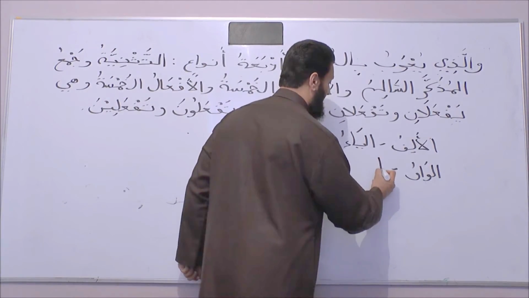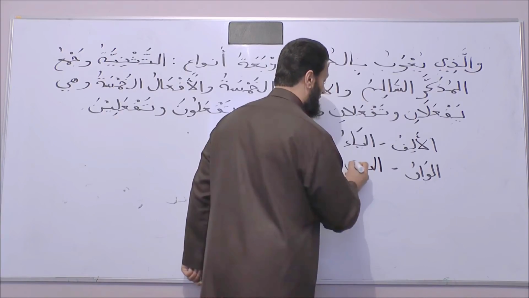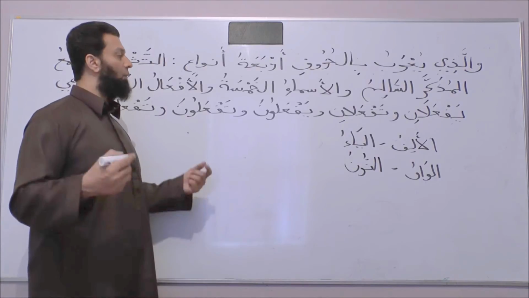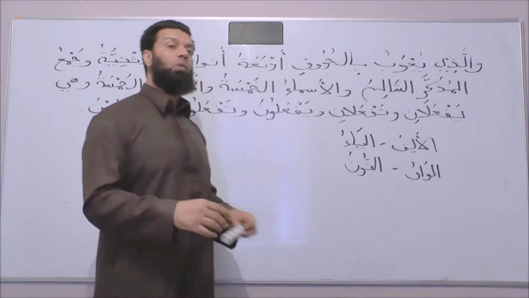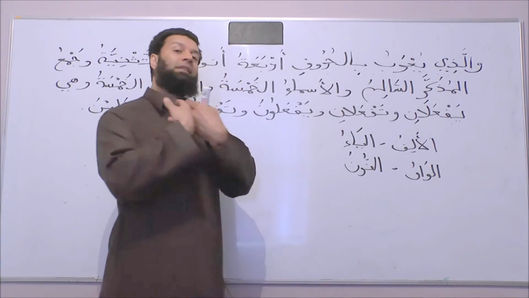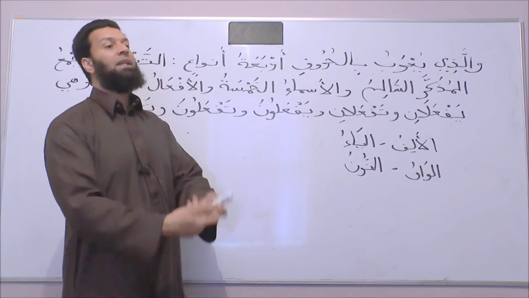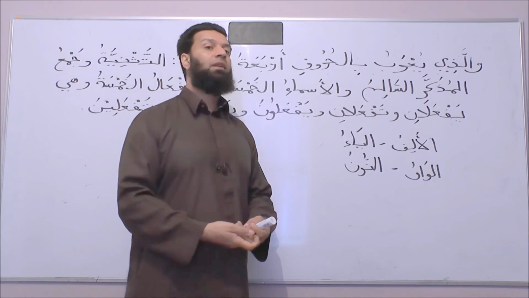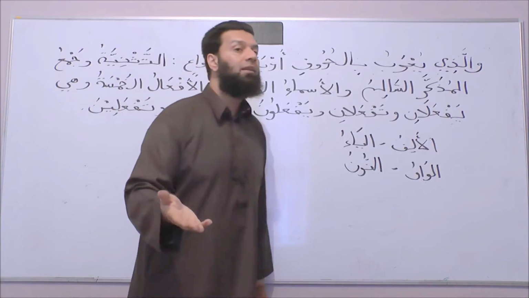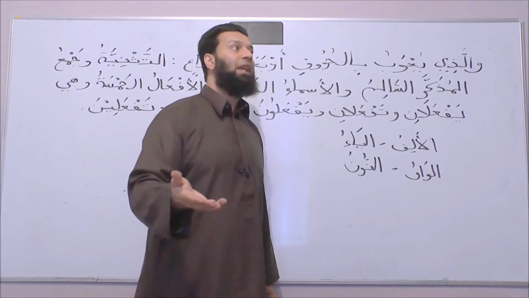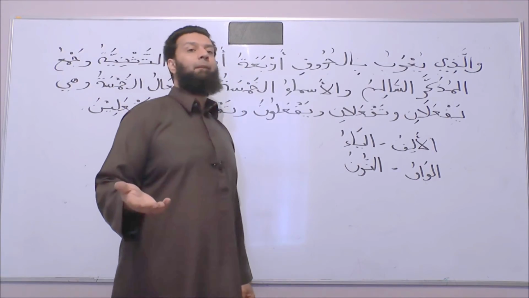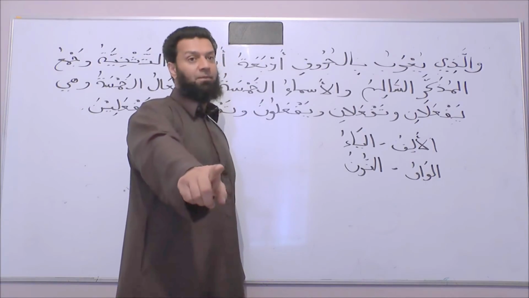Good. An-noon. And why is an-noon a letter in which i'rab is known? Because sometimes you have to erase it. Right. What did we say is the rule? Ithbat an-noon and hadhf an-noon. Ithbat an-noon represents the establishing of the noon. But which state does it represent? It represents the marfu'un state. Good.